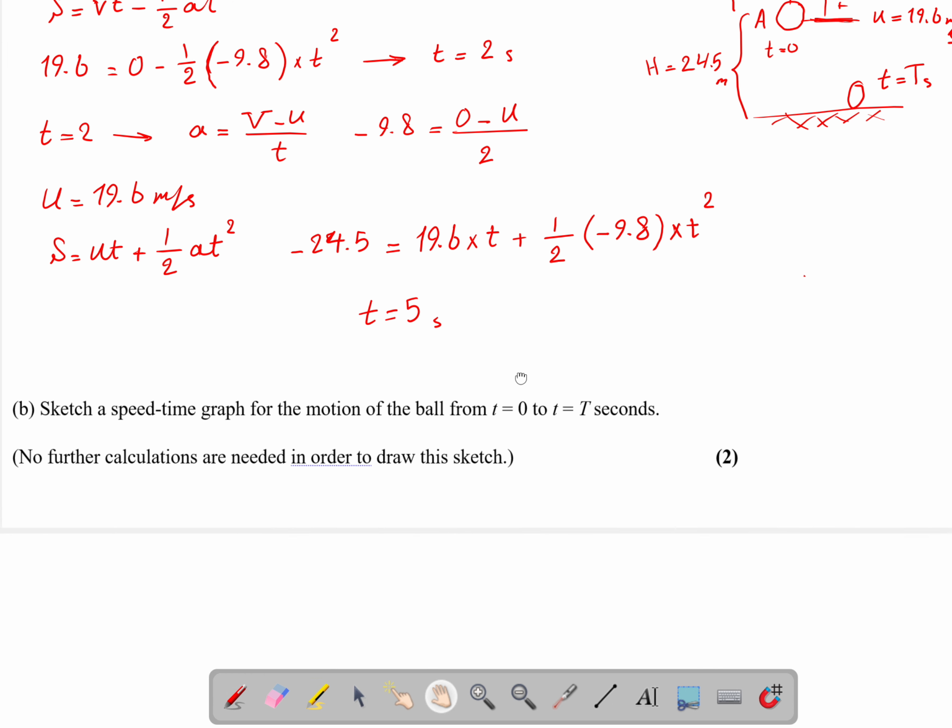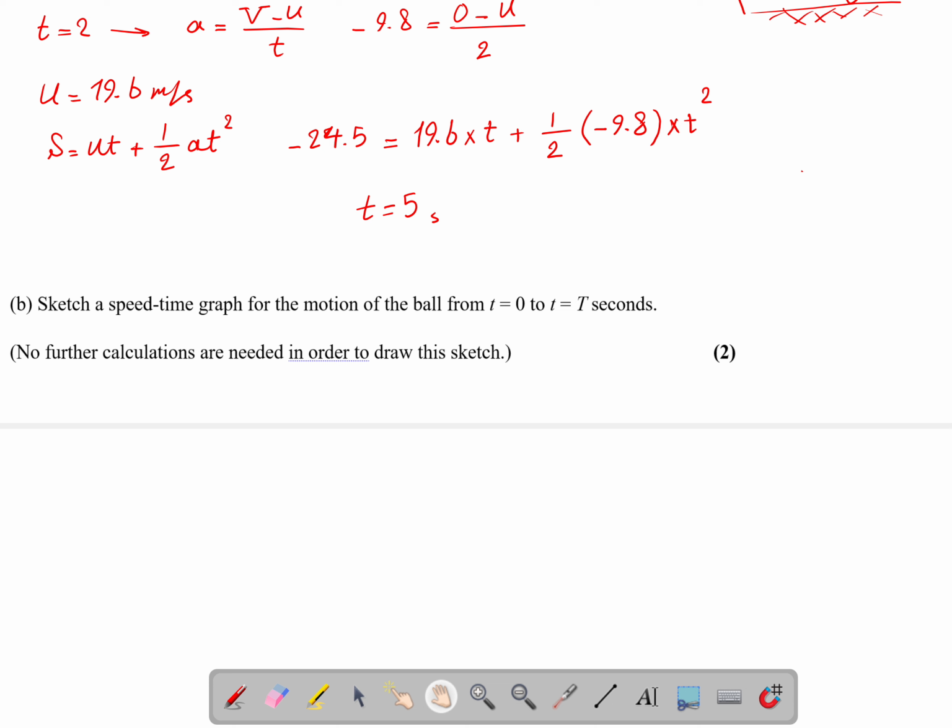Second part, sketch a speed time graph for the motion of the ball from t equals 0 to t seconds. No further calculations are needed in order to draw the sketch. It means that you don't need to find the final velocity when it hits the ground.